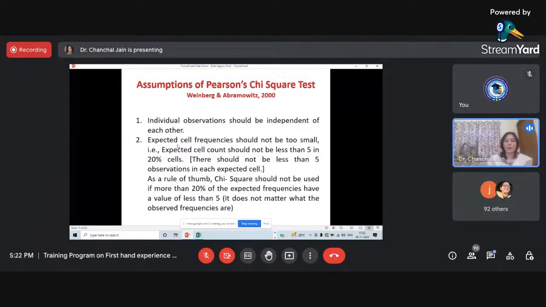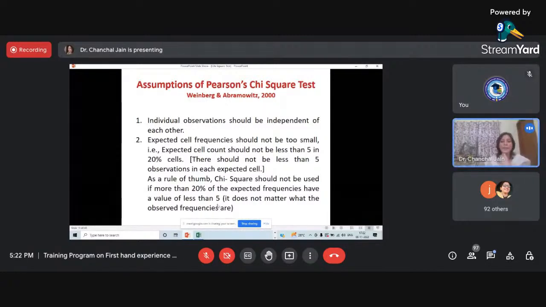As a thumb rule, chi-square should not be used if more than 20% of the expected frequencies have a value less than 5. So for example, if I have 5 expected cells, what is 20% of 5? One.